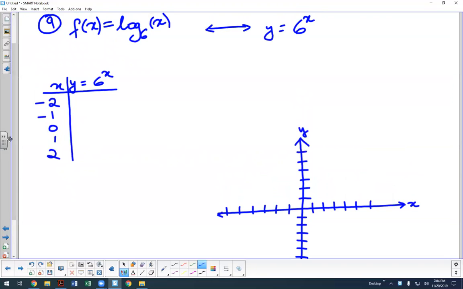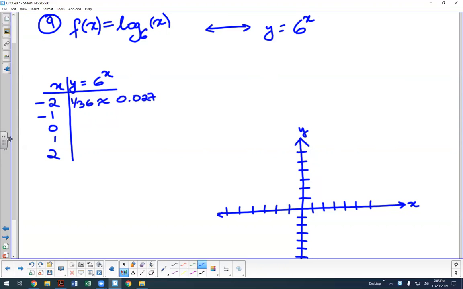So what do we get for -2? 1/36, yeah, which is approximately 0.027.